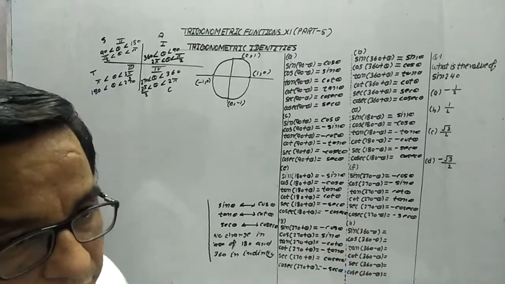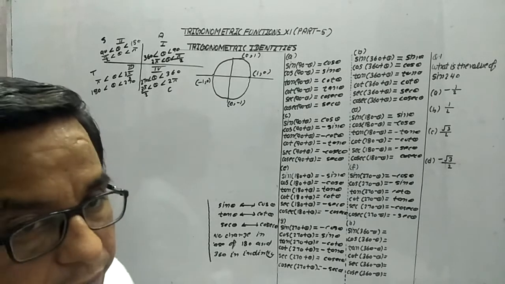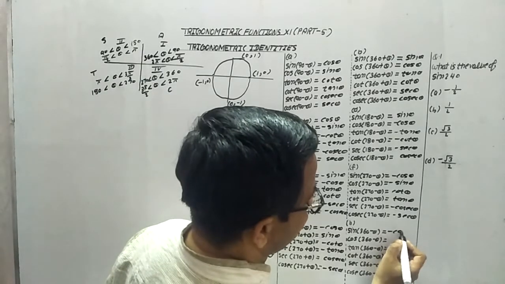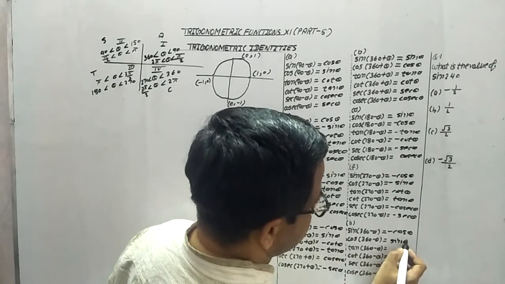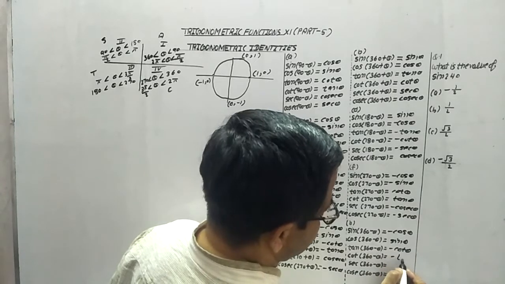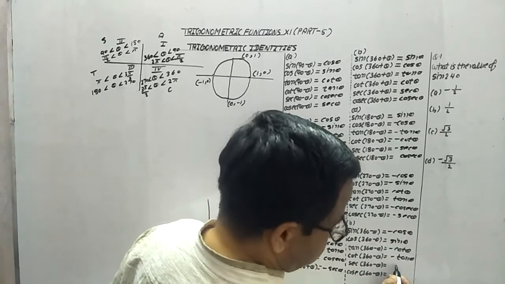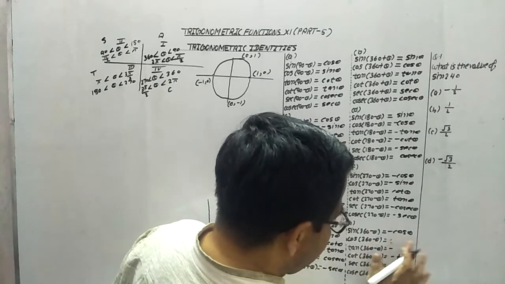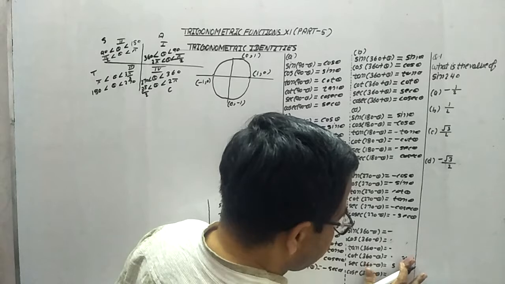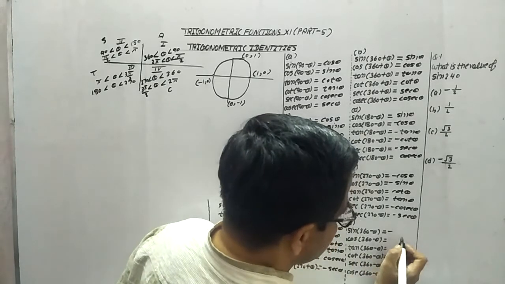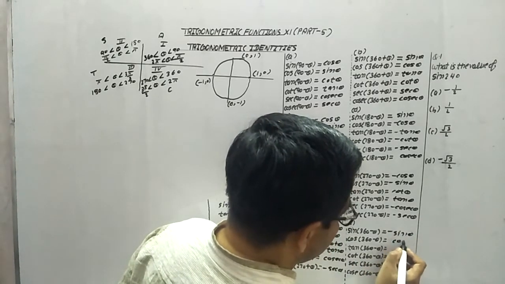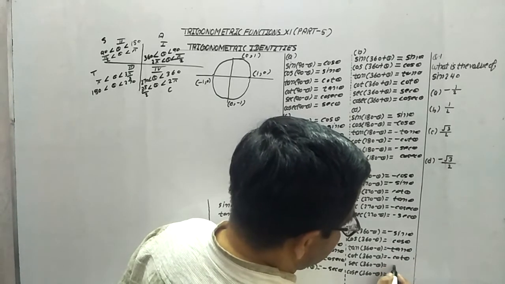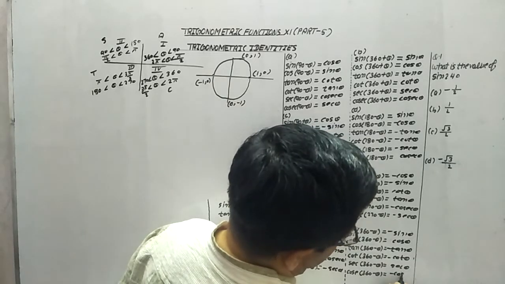Now in sin 360 minus theta, no change in identity but change in sign according to the fourth quadrant. So what does this become? Minus sin theta, cos theta, this is tan theta negative, minus cot theta, sec theta, and this is negative cosec theta.